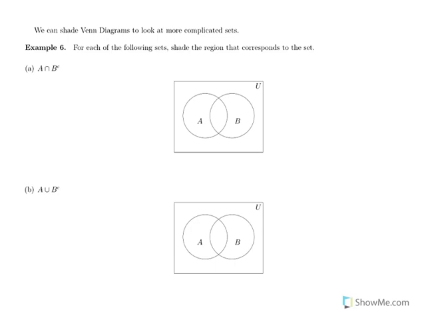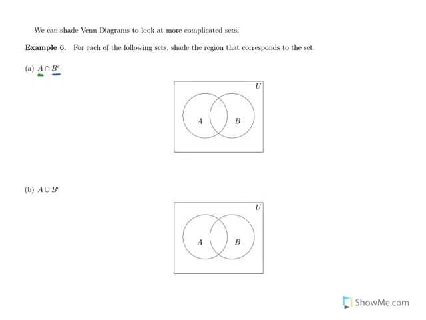So looking at Venn diagrams and how we can use Venn diagrams to help us think about more complicated sets where we're bringing more than one operation together, let's look at the following two examples. A intersect B complement and A union B complement. So what we're going to do is shade both parts here. We're going to shade A and we're going to shade B complement.